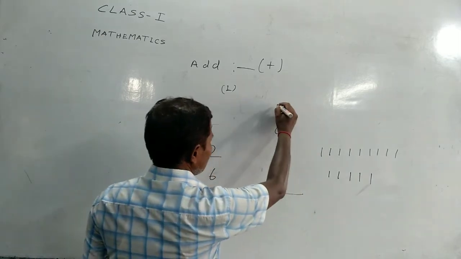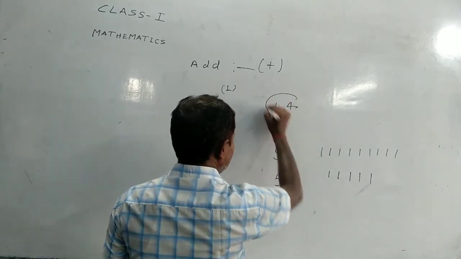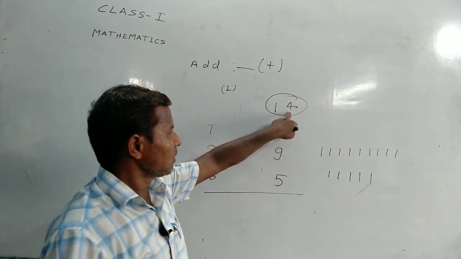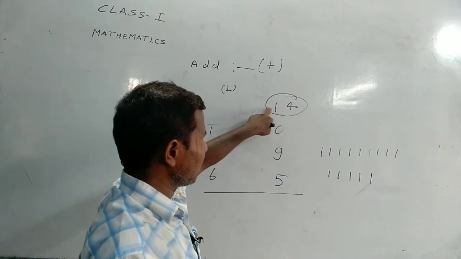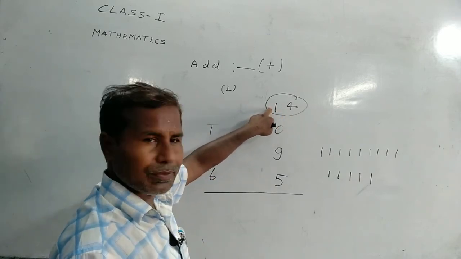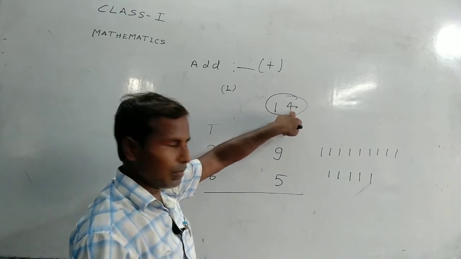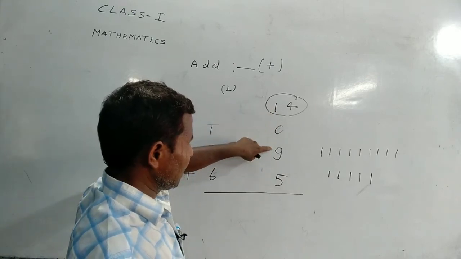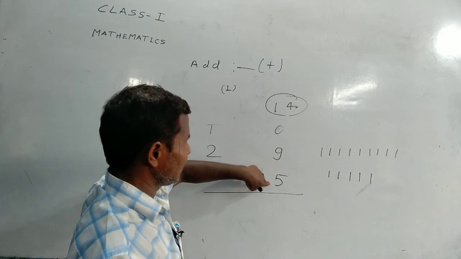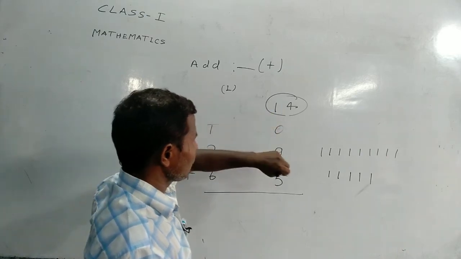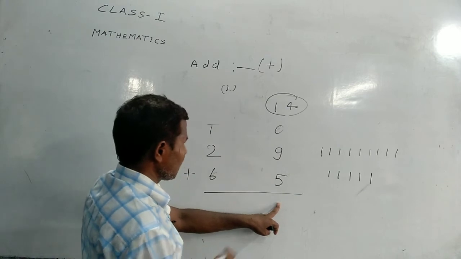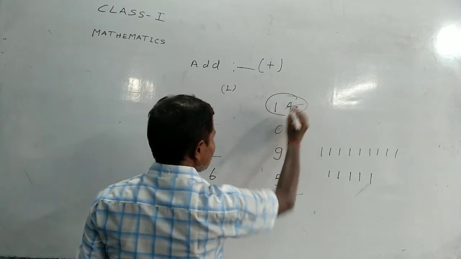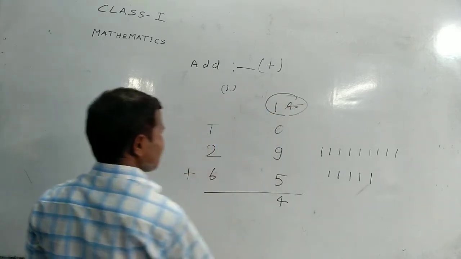Now write here 14. In this number, 4 is written place of ones and 1 is written place of tens. The sum of 9 and 5 is 14. So you write here 4 under ones place. And now rest 1.